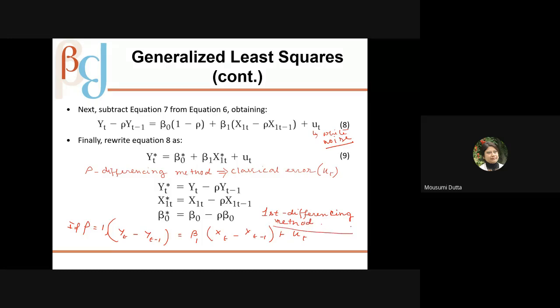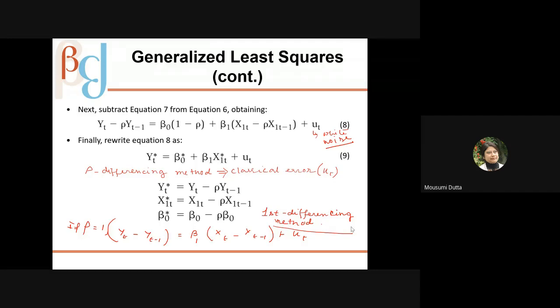If you consider rho to be equal to 1, we call the equation the first difference equation, or the first differencing method. Okay. General is this version. If rho is equal to 1, we can write the equation in this format.